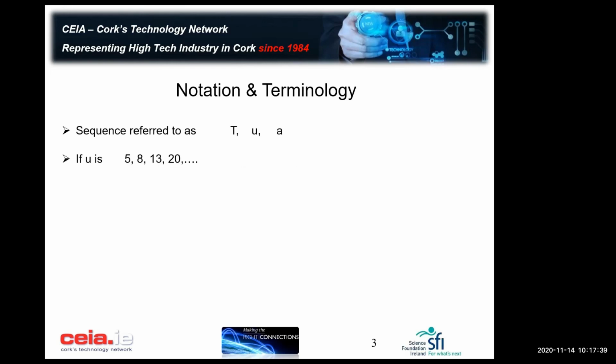So if U is 5, 8, 13, 20, then U1 is going to be 5, U3 is going to be 13, and Un, which is called the general term, is a term indeterminate. We don't know what number it is. Now, with regard to the Un, the term before the nth term is known as U of n minus 1.